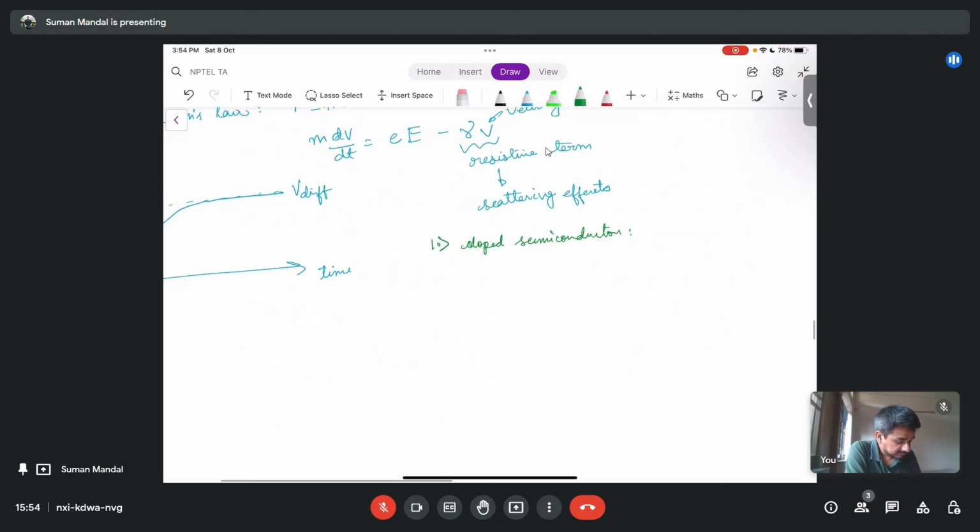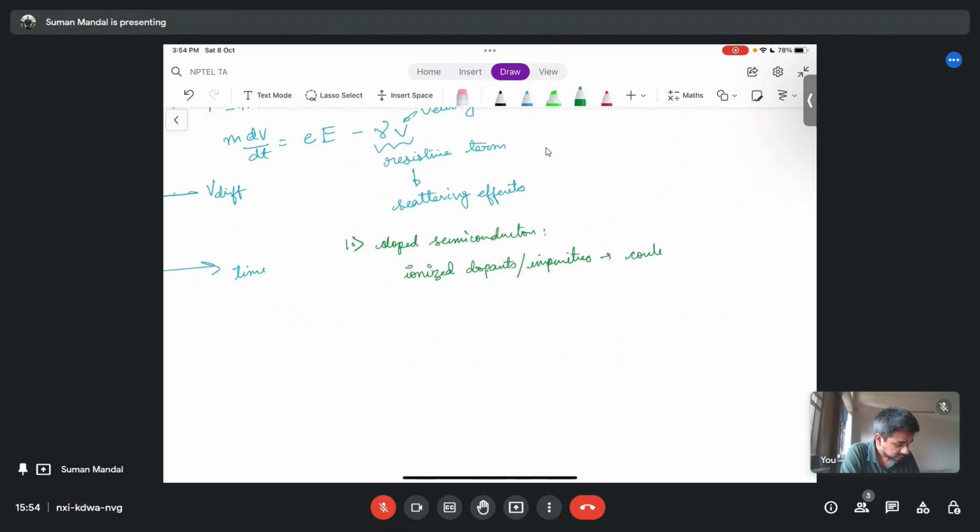So they will have ionized dopants or impurities. What will they do? Coulombic interactions with electrons.